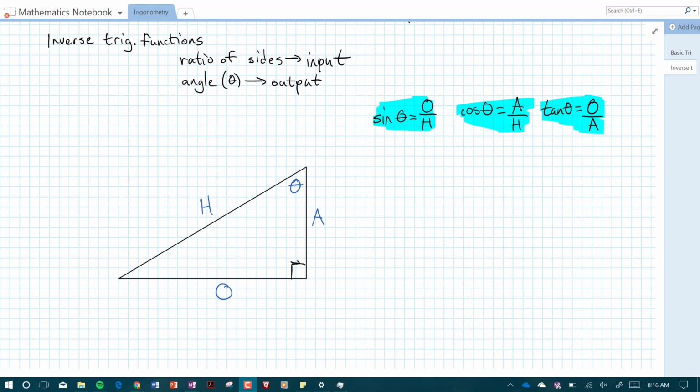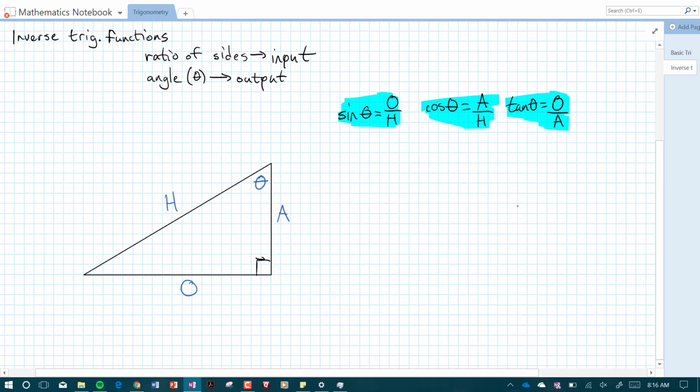But if, for example, we know O and A, and we want to solve for theta, then we'll use our inverse trig function, which is going to be the inverse tangent function, which I can write as tan to the minus 1 of, we reverse our outputs and inputs, O over A is equal to theta. That is if we know the opposite leg and the adjacent leg to our angle theta.